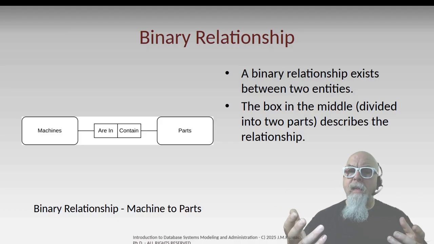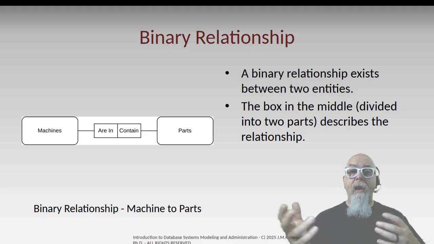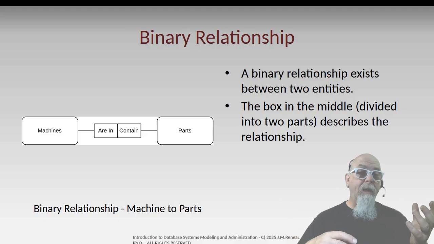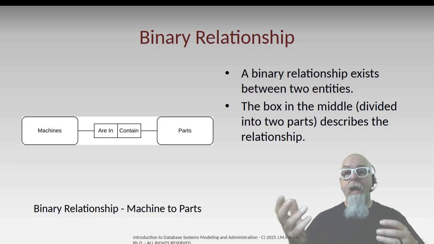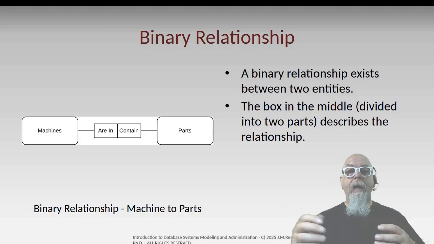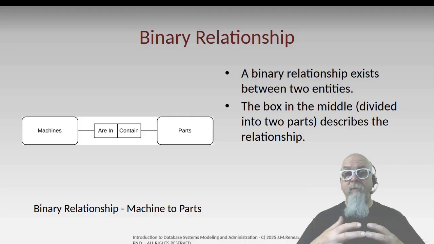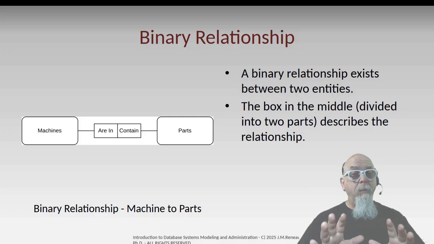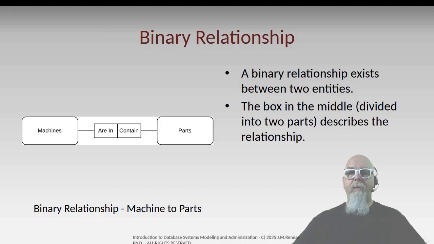Think of all the other things in your life that have binary relationships. Again, as described earlier, a car and the owner. A person can own cars, and a car is owned by somebody. Pets and owners. Lots of binary relationships, and we'll be seeing a lot more examples of them.